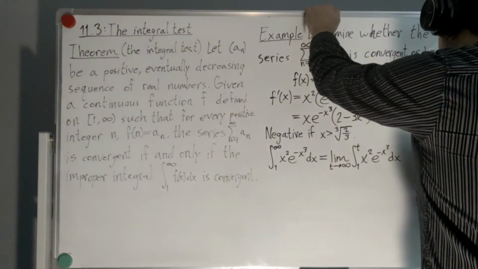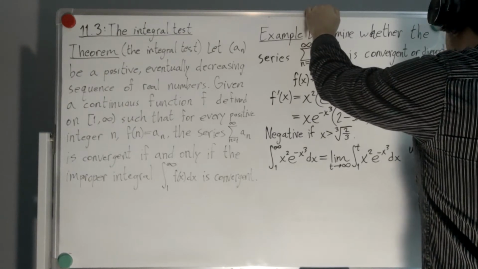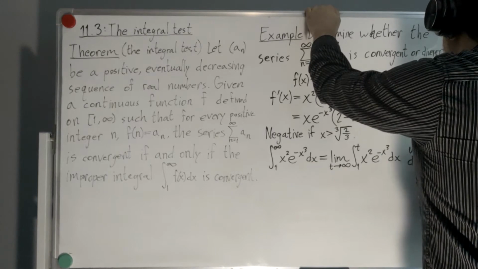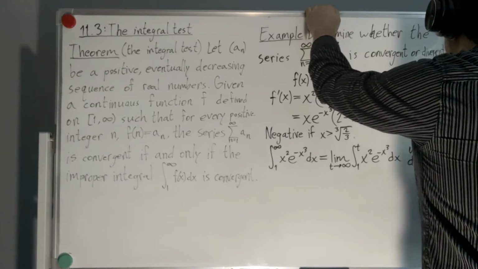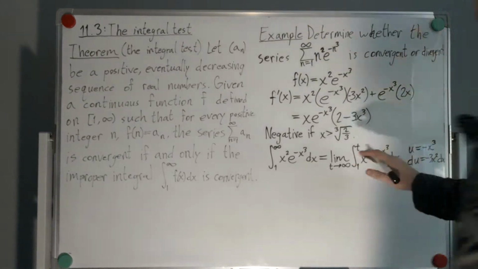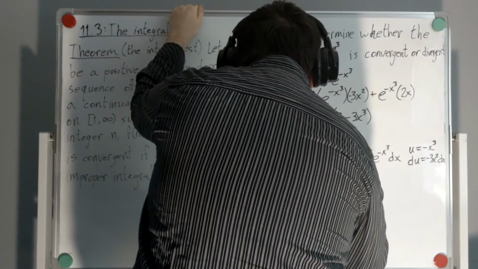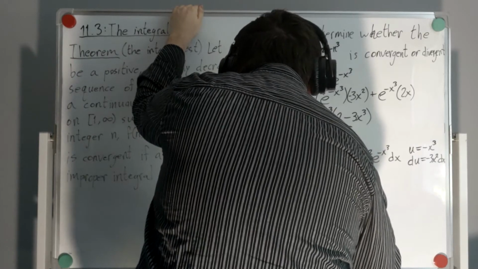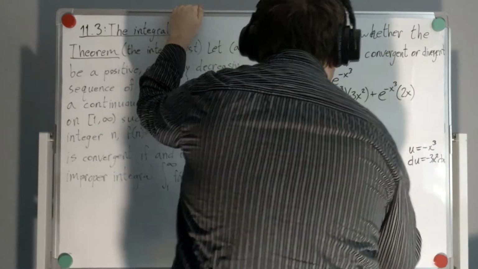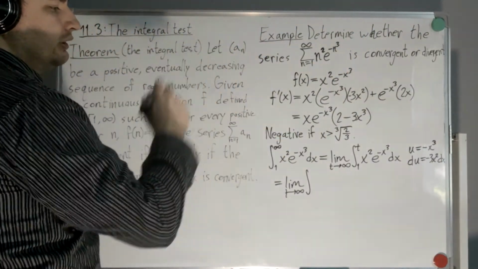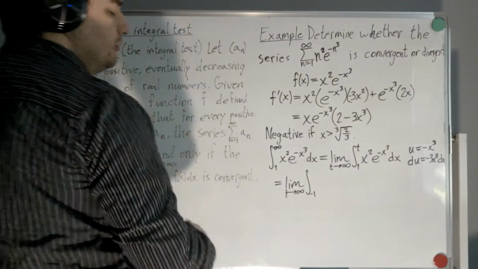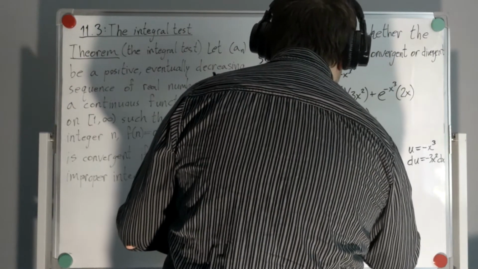So now this is another u substitution. We can say u equals negative x cubed, in which case du would be negative 3x squared dx. So then this now becomes the limit as t approaches infinity of the integral from, let's see, negative 1 cubed would just be negative 1, and negative t cubed would be whatever negative t cubed is.